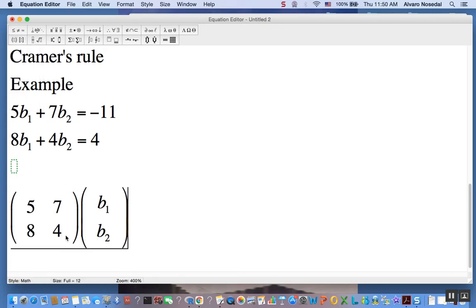Right? So in this case, we have a 2 by 2 matrix, and this is a 2 by 1 vector.